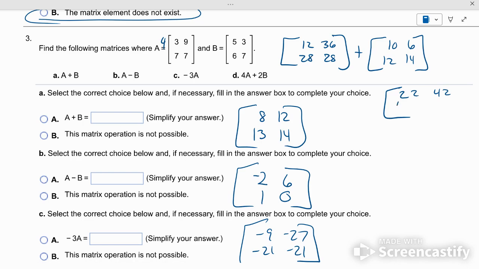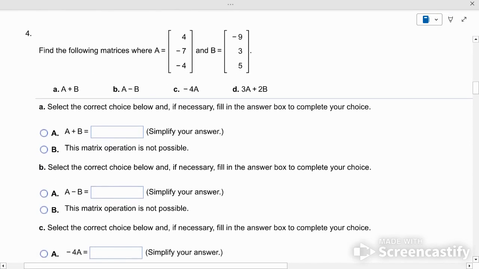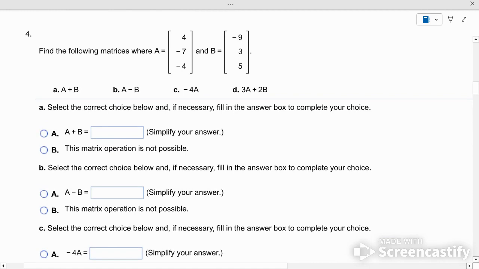Yep. 40 and 42. Easy peasy, lemon squeezy, right? Four times each of these to get this. 2 times each of these to get that, and add them together. Okay, that's fine. I'm not going to do this one because we don't have to.